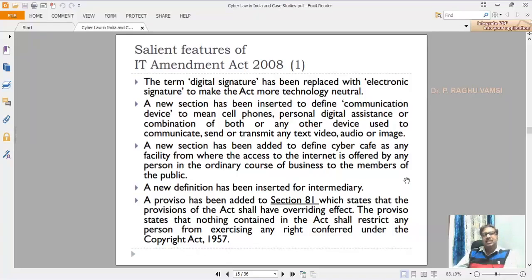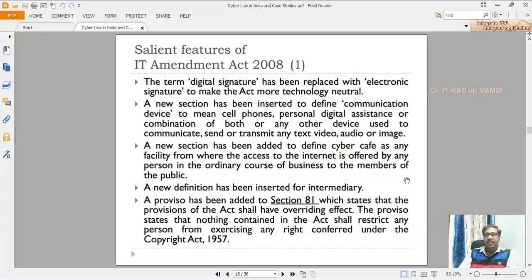The salient features are like this. The term digital signature has been replaced with electronic signature. Here, electronic signature means the signature that you may place with a light pen, or maybe a digital signature, or any other thing which was filed electronically. That is what is called an electronic signature.